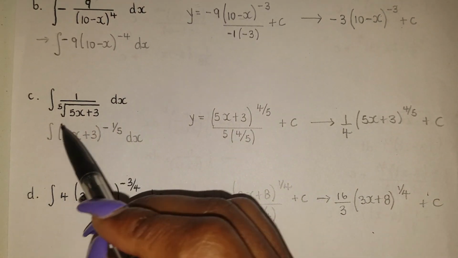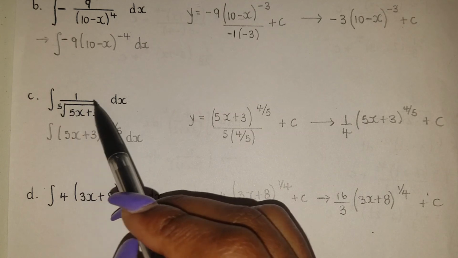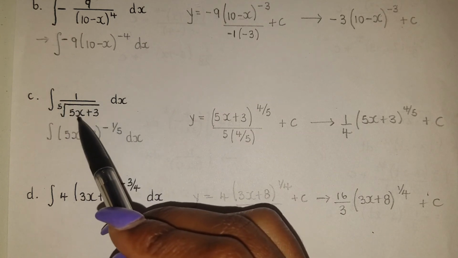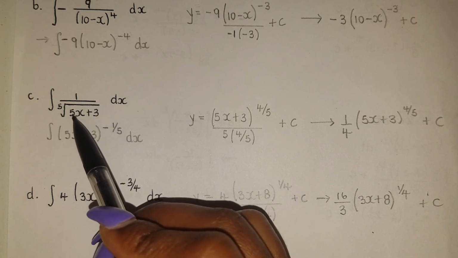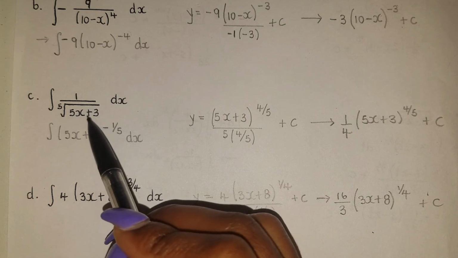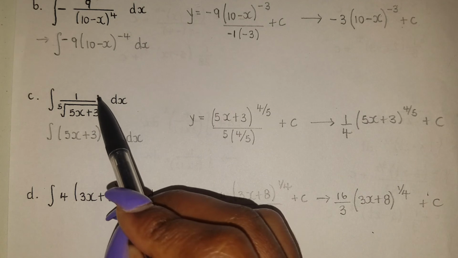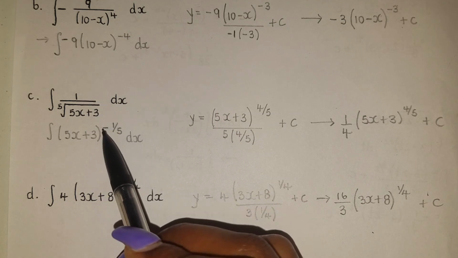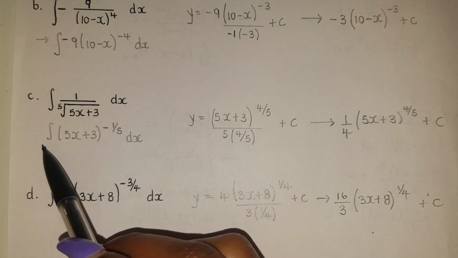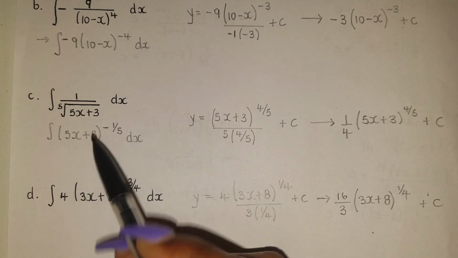Third question, the integral of 1 over the 5th root of 5x plus 3. Now, this 5x plus 3 below is raised to a 1 over 5, so it gets brought up and raised to a negative 1 over 5. So this is what we will integrate.